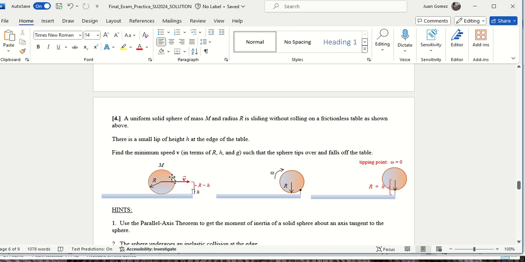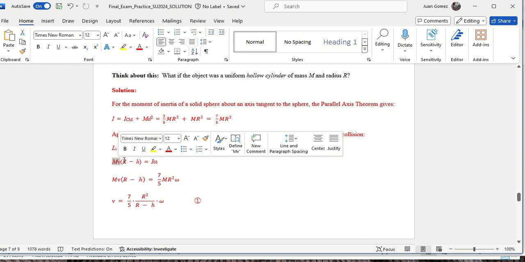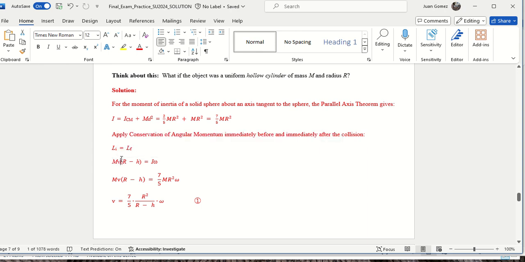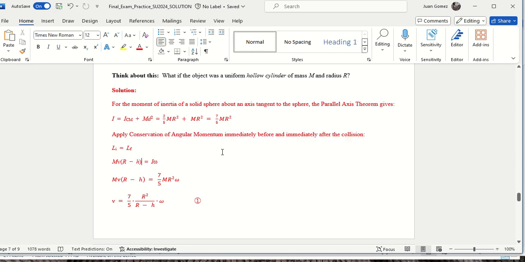The distance from the line of velocity v to the rotation axis is clearly R minus h. That shouldn't be very complicated to see. So the initial angular momentum is M, the mass of the sphere, times v, the speed, times the perpendicular distance between the line of velocity and the rotation axis, which is R minus h.